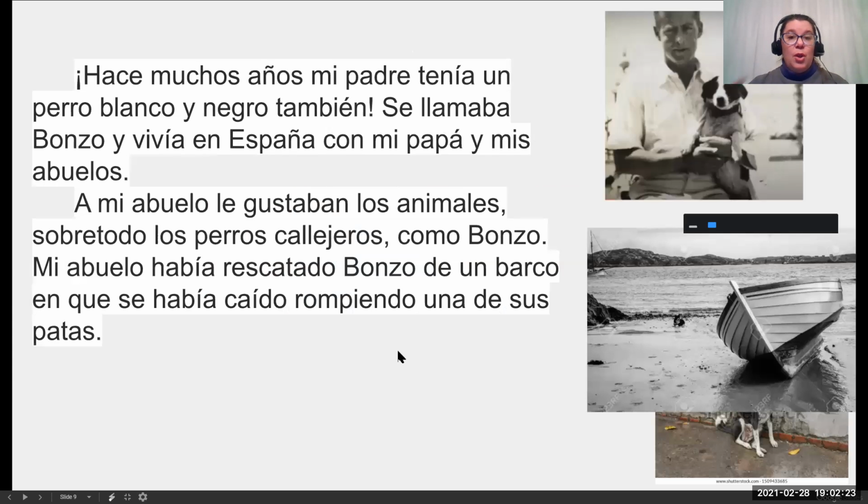Go through quién, who, dónde, where, cuándo, when, qué, what. Pause the recording, jot some stuff down, then come back. Well, there has been a one. It's been in the past because it's only imperfect tense, used to. So, hace muchos años, many years ago. Who?